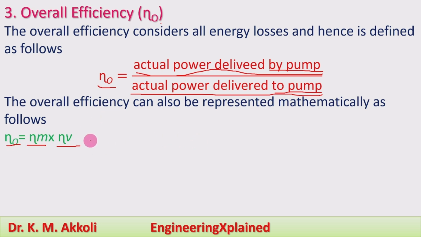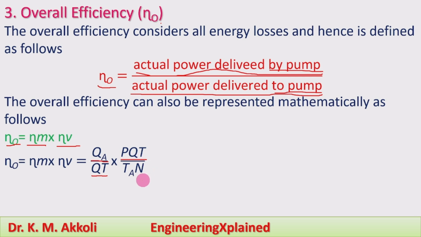Also in this equation, eta v, the volumetric efficiency, is QA by QT, Q actual by Q theoretical, and eta m is P into QT by TA into N.